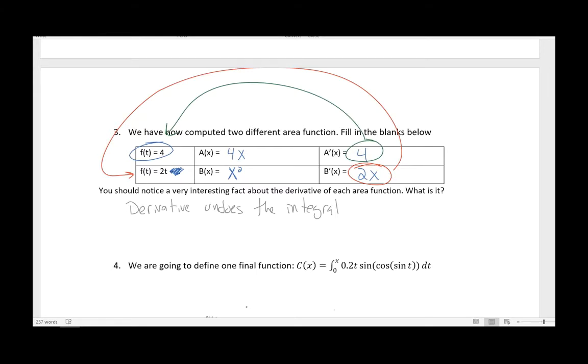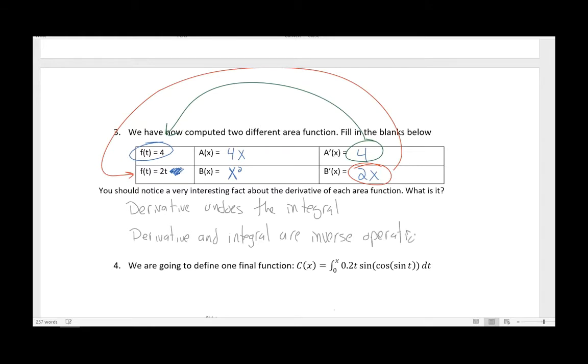Like the square function and the square root function undo each other. We call those inverse functions. The integral is not a function. The derivative isn't a function. They're both operations. So we could say the derivative and the integral are inverse operations.